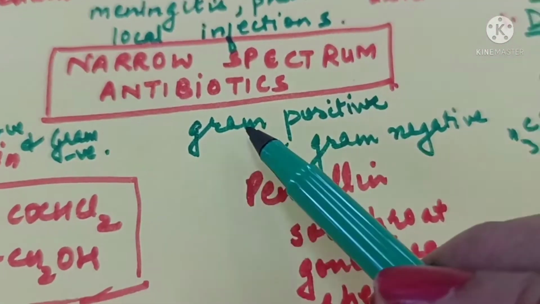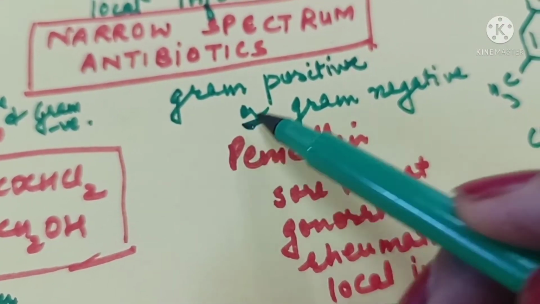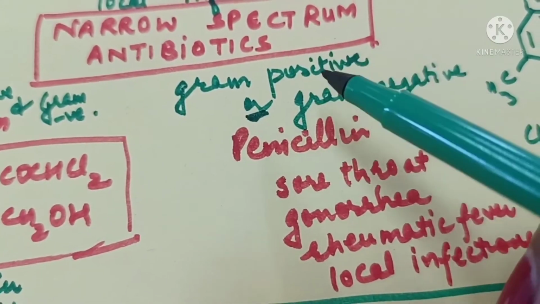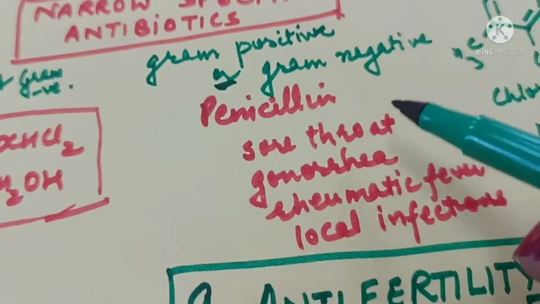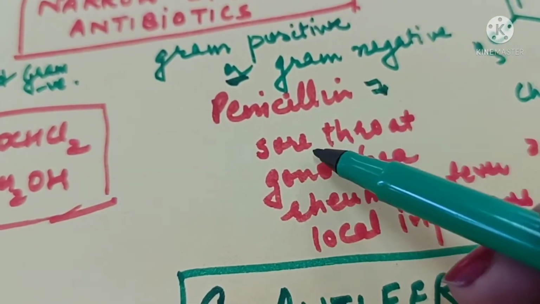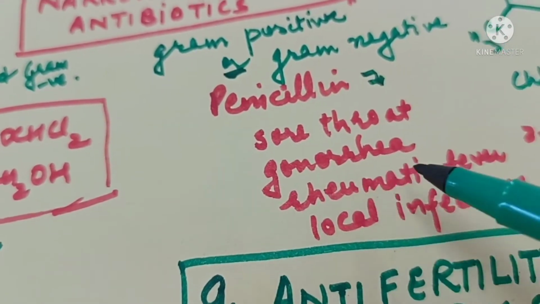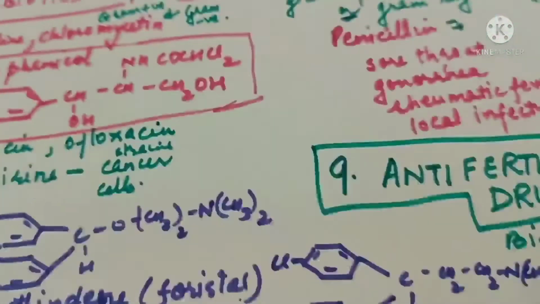If it is used against either gram-positive or gram-negative or only one of them, then it's called narrow-spectrum antibiotic. For example, penicillin is a narrow spectrum antibiotic and is used for treatment of sore throat or gonorrhea or rheumatic fever or local infections.